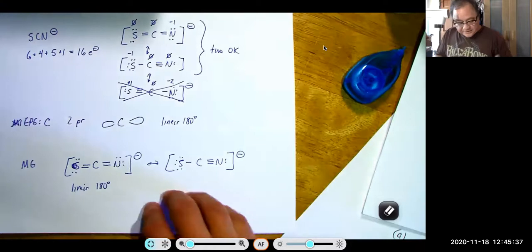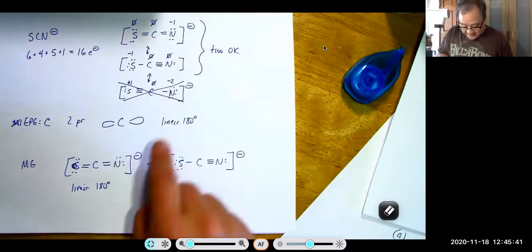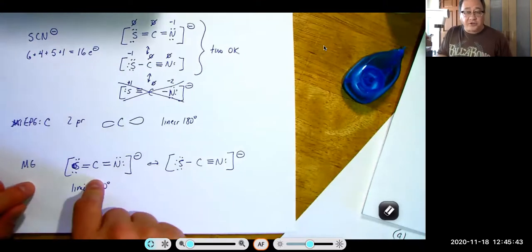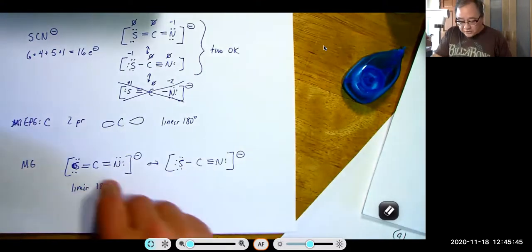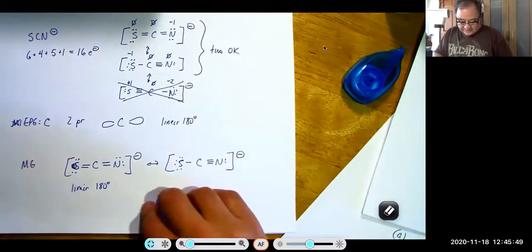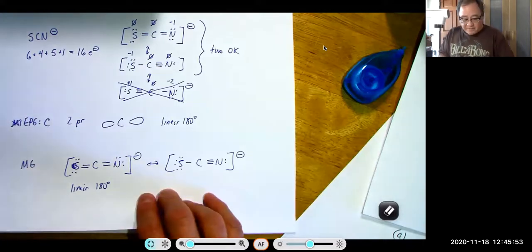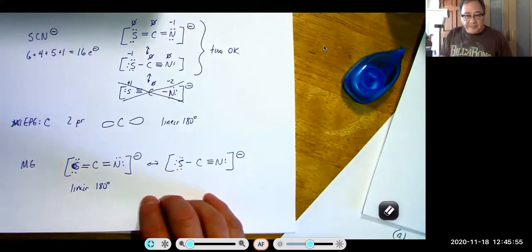So, Harry, this is the example where when we draw the Lewis structure, it looks linear. And in fact, the molecular geometry is also linear. So why does the Lewis structure match this? It's just because of the number of pairs. Are you okay with that, Harry? All right.